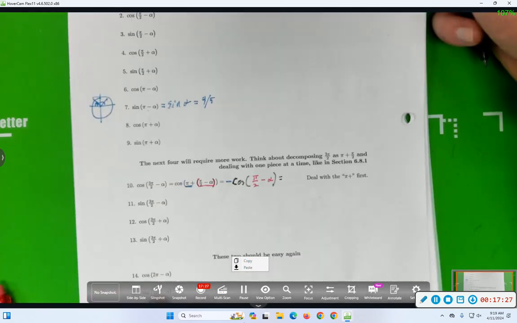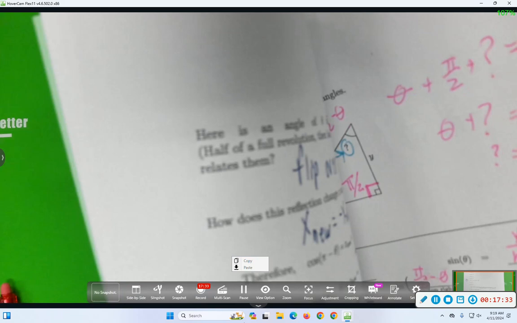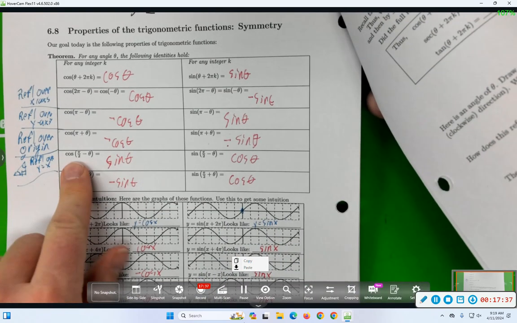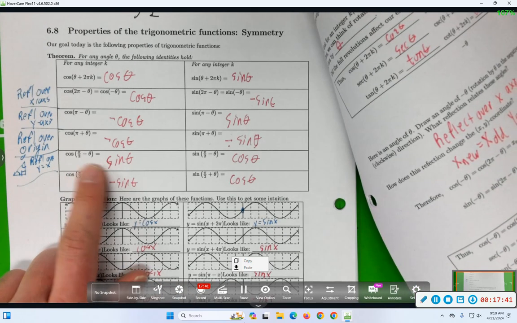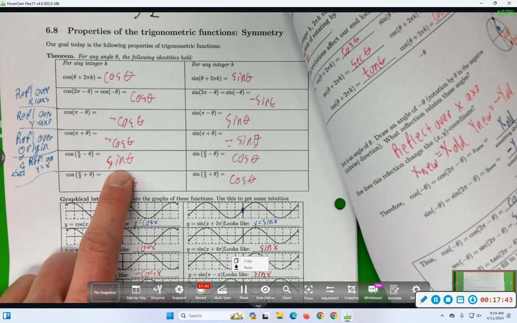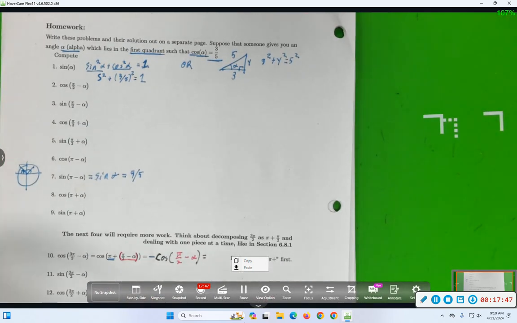So the cosine and sine just swap when you do pi over 2 minus a thing? So I had cosine, so we'll look at cosine. Pi over 2 minus theta just becomes sine theta? That's what y'all were saying? Awesome. So this negative sign will come along for the ride.